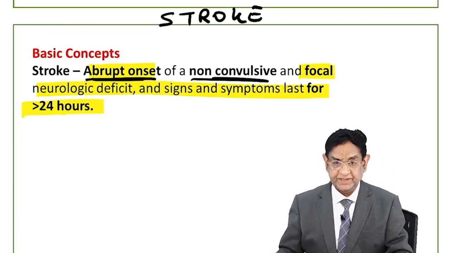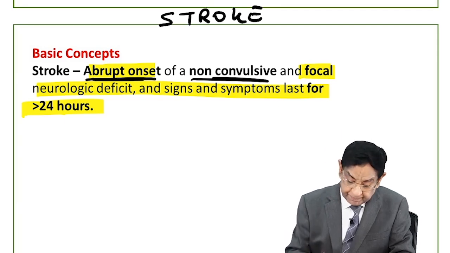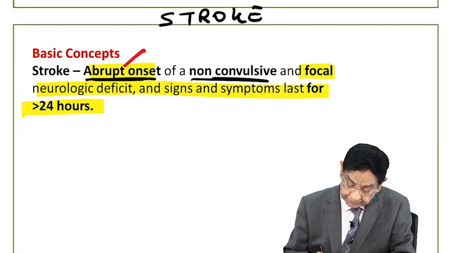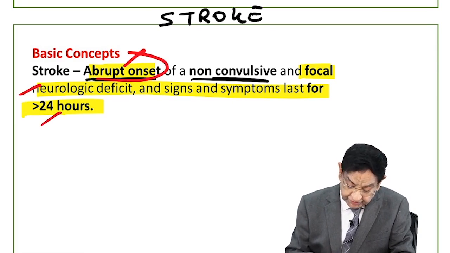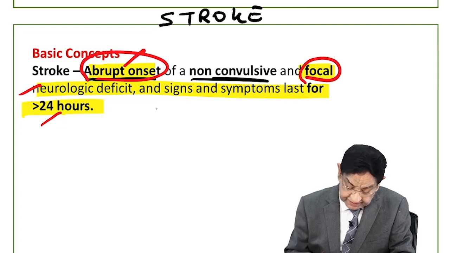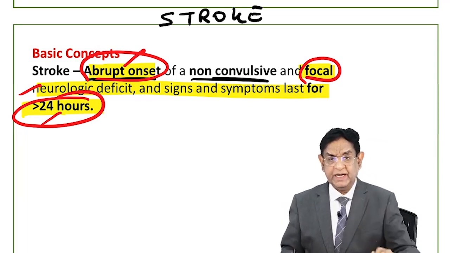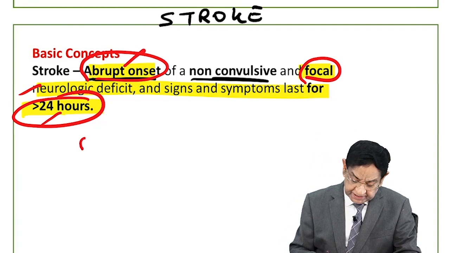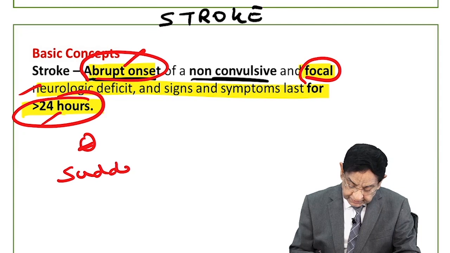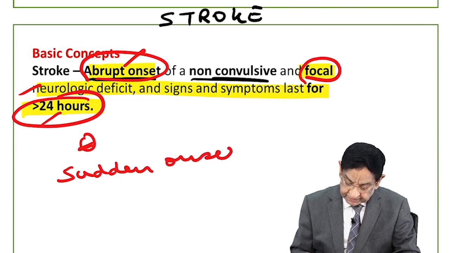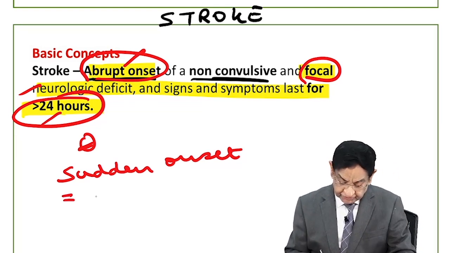Write down this definition, what I have marked with the yellow pen: abrupt onset, focal deficit lasts for more than 24 hours. Friends, learn the golden line. In neurology, anything which is of sudden onset is vascular.